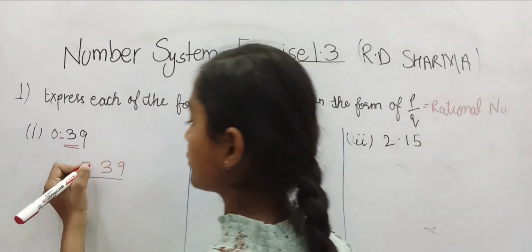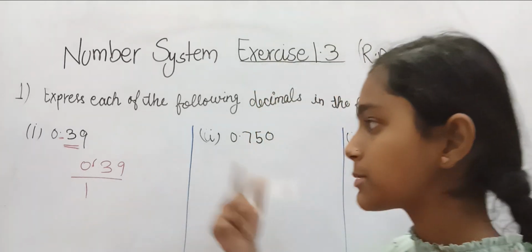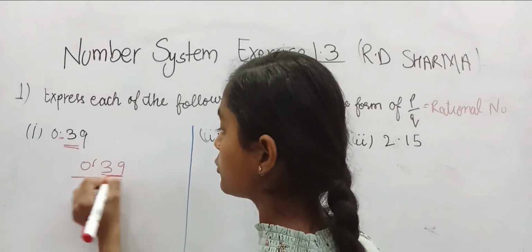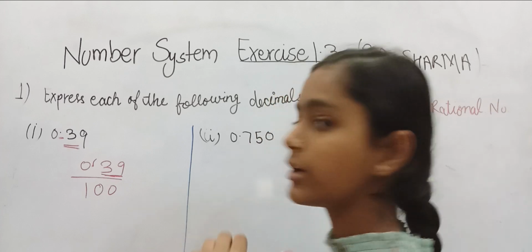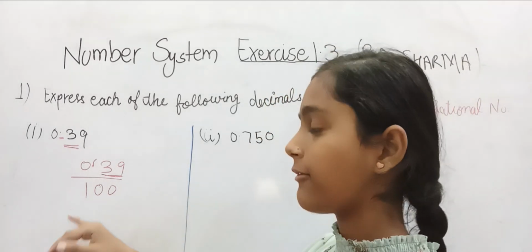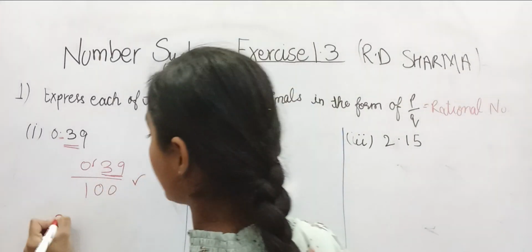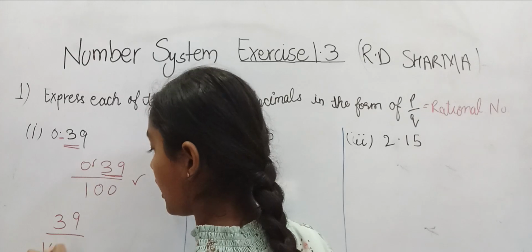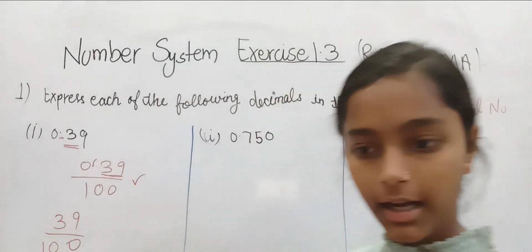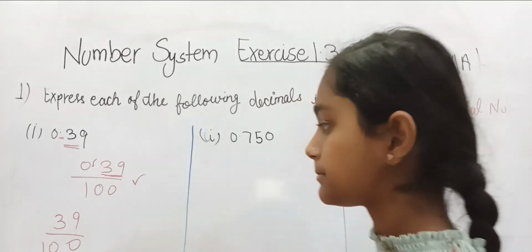But there is a point here, and if we want to undo this point, we have to add 2 zeros here, because there are 2 digits after the decimal. So the final answer would be 39 by 100. 39 by 100 would be the final answer of 0.39.